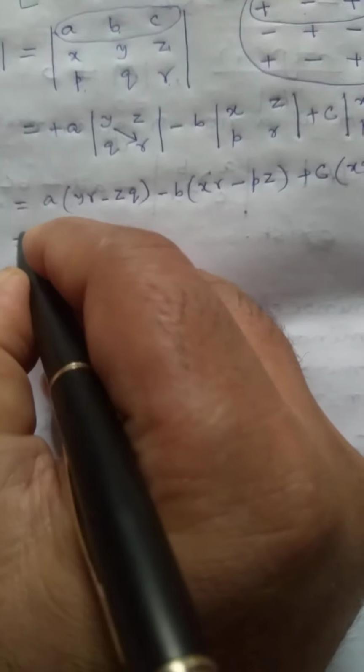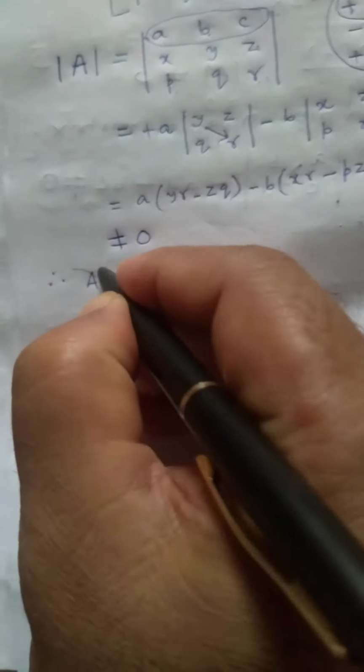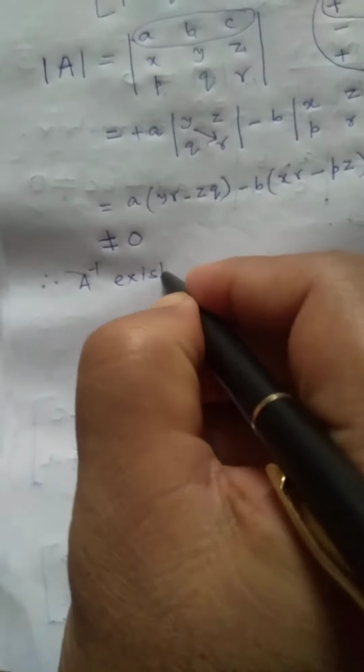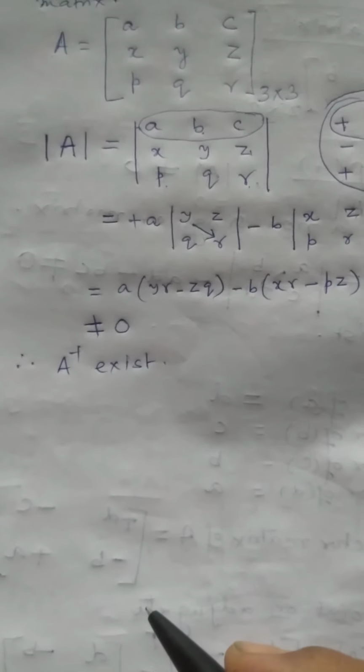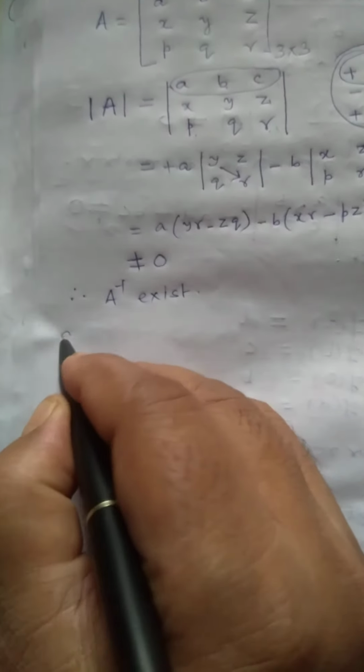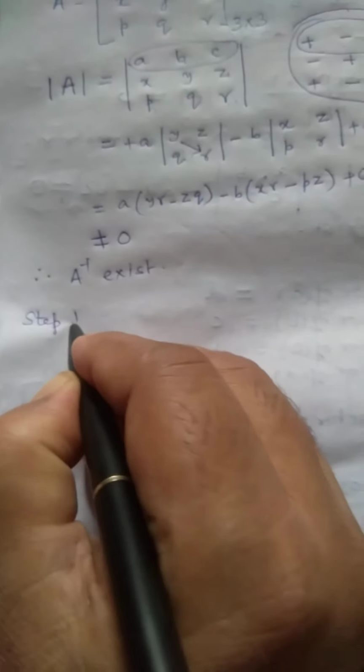Remember, for a non-singular matrix, the value of determinant should not be 0, so not equal to 0. Therefore, we write A inverse exists. Now, after writing this, we will proceed as per the steps shown previously. We start with step 1.